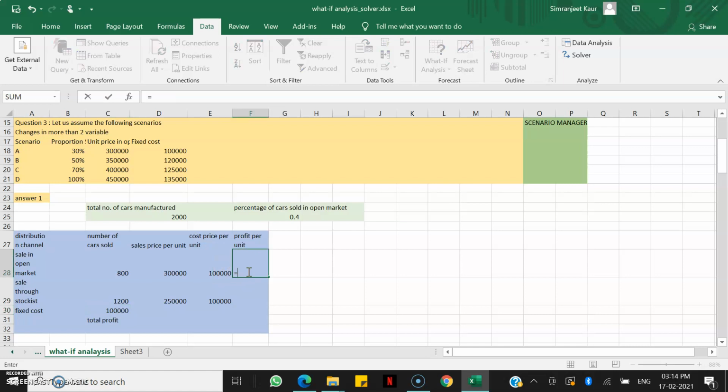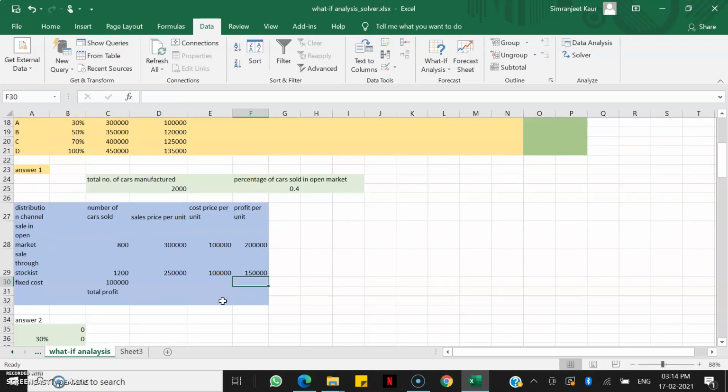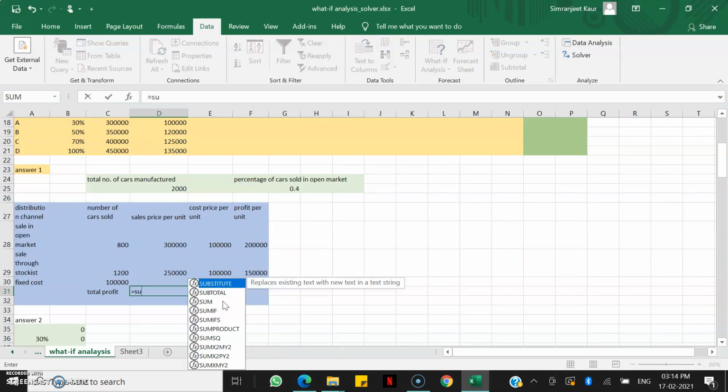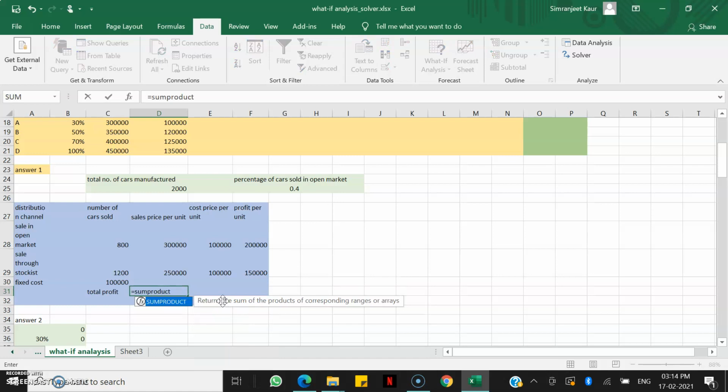Now I'll calculate the profit. So this is simply sales price minus my cost price. Here also my sales price, which is 2,50,000, minus my cost price. So now I have to calculate my total profit. For that I will use sum product. I can do it manually also, but by sum product I just have to fix my arrays.